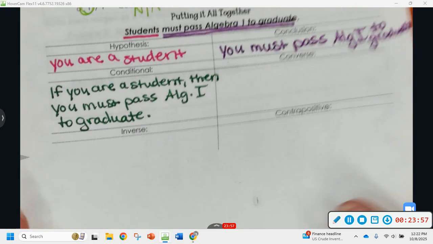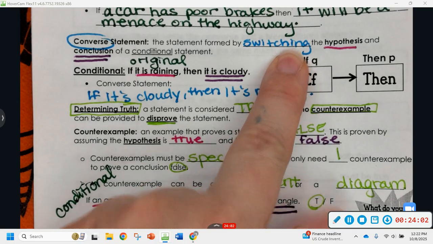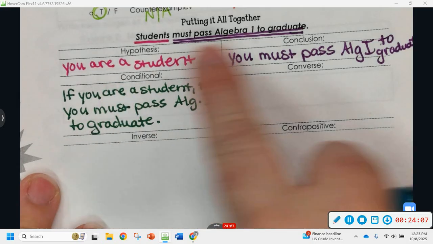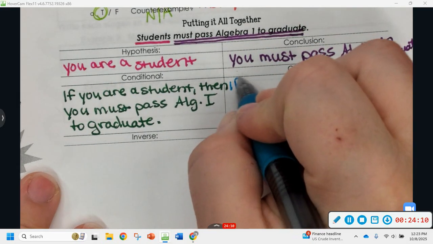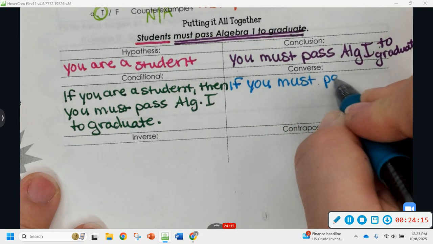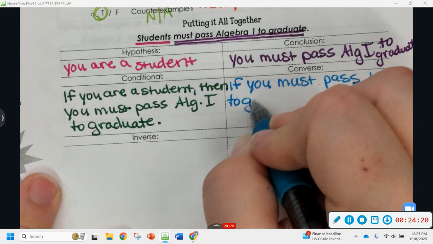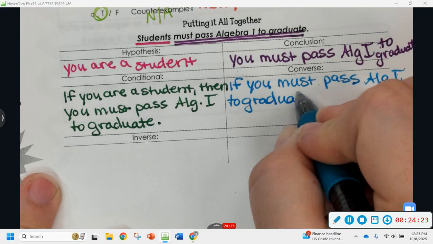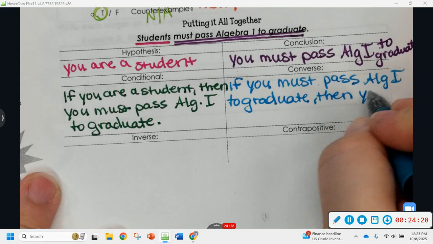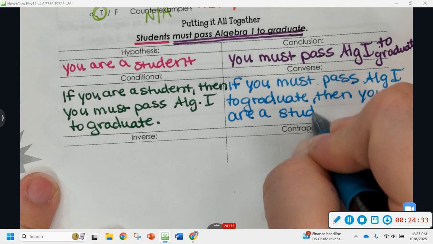So, converse, double check over here, our converse is formed by switching. So, when I switch that hypothesis and conclusion, I'm going to say if you must pass Algebra 1 to graduate, then you are a student.